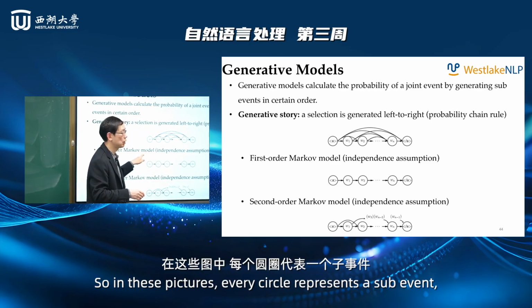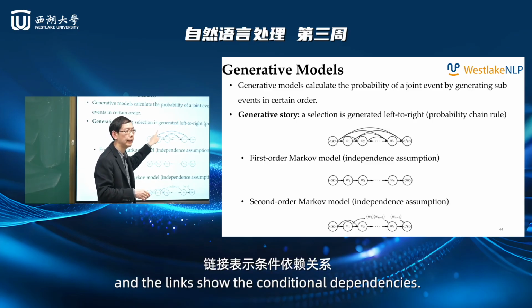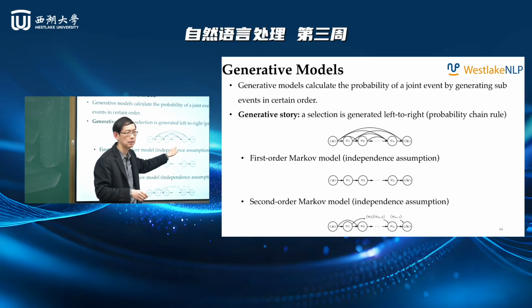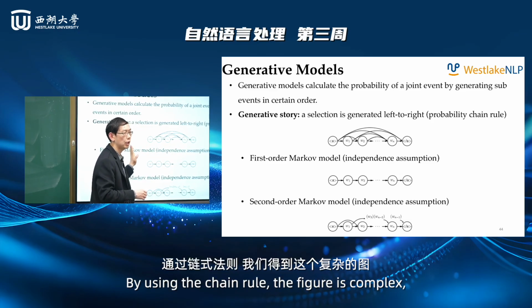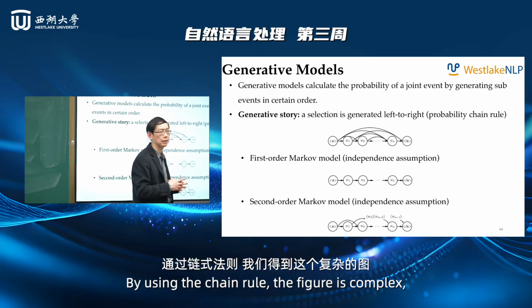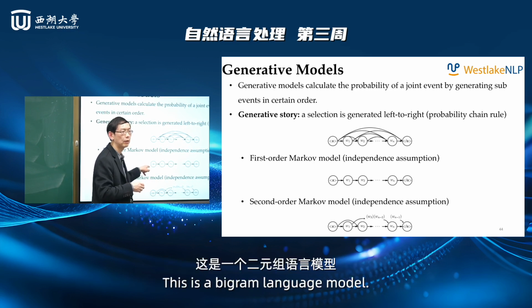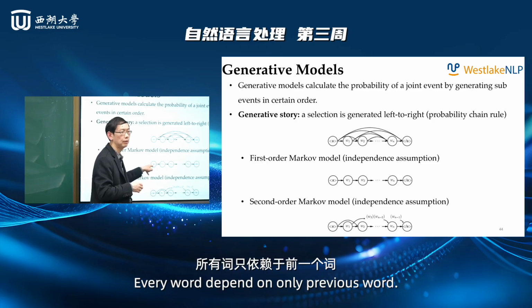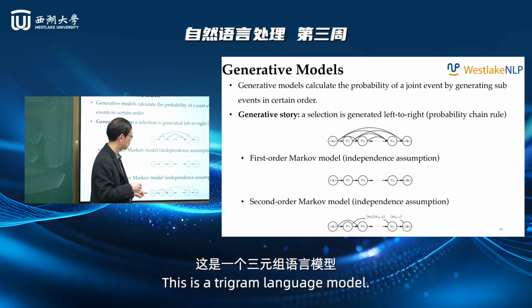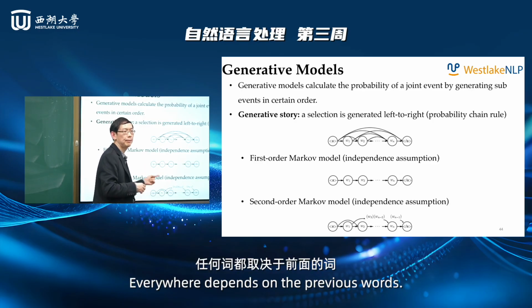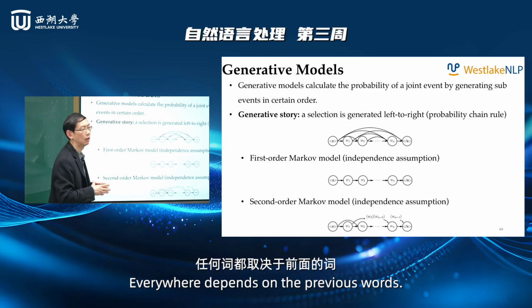So in these pictures, every circle represents a sub-event, and the links show the conditional dependencies. Okay? By using the chain rule, the figure is complex. But I can cut the figure by making independence assumptions. So this is a bigram language model: every word depends on only the previous word. So this is a trigram language model: every word depends on the previous two words.